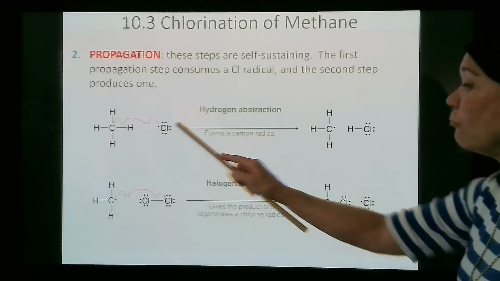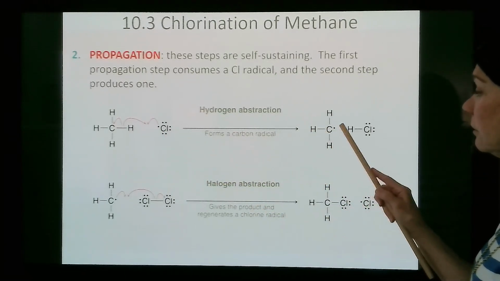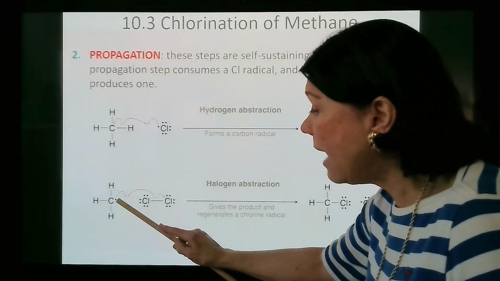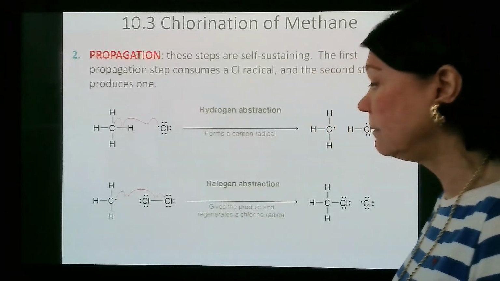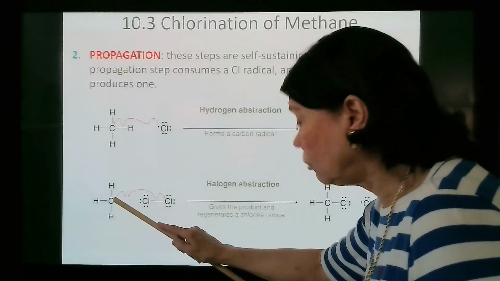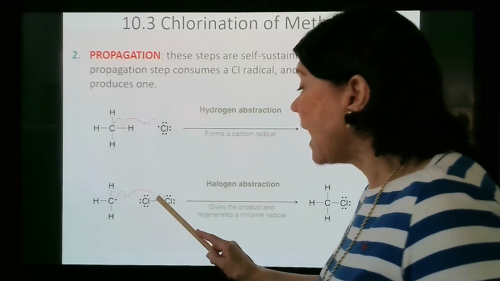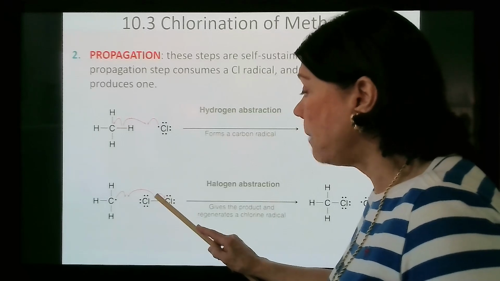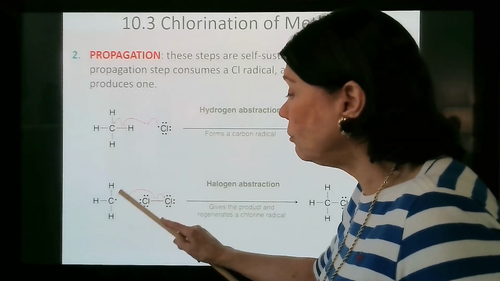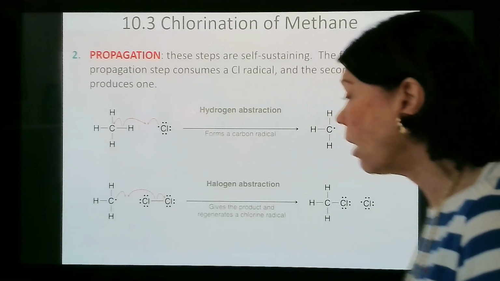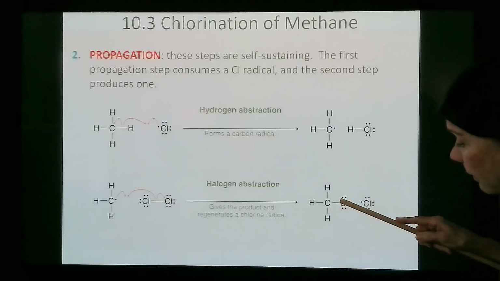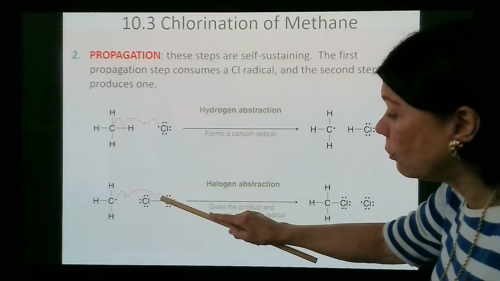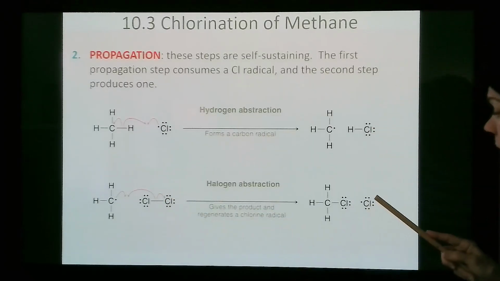You take the product from the first reaction, the methyl radical. Here you have the methyl radical. You have the unpaired electron on the carbon of methane. And you use one of the electrons from the chlorine-chlorine bond. It moves out. And you use the other electron coming from carbon, and you're forming this carbon-chlorine bond. And the other electron in the chlorine-chlorine bond moves out to reside on chlorine.